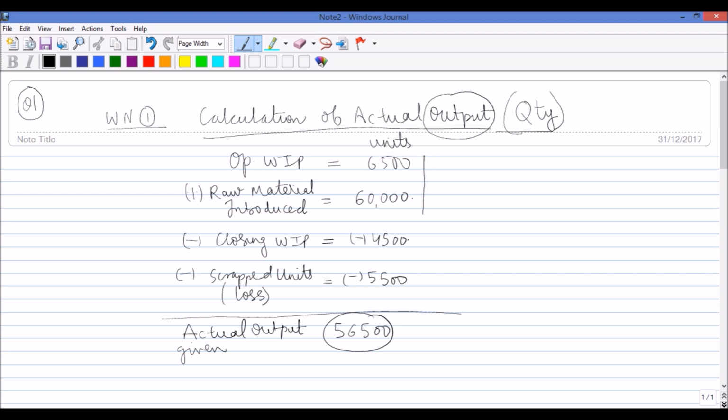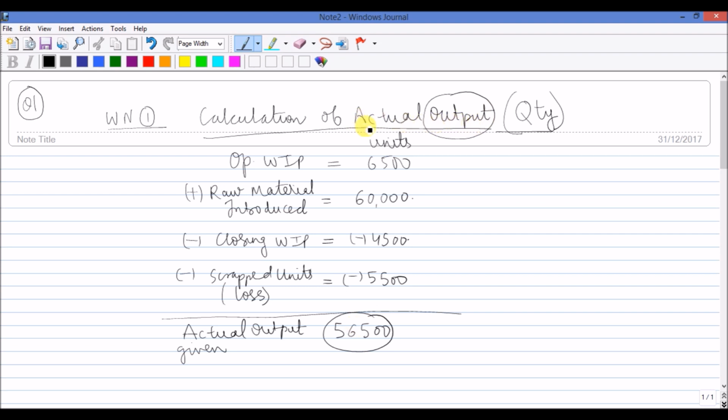We are going to do the calculations, and if the answer comes to 56,500, then it would be the actual output. Otherwise I will change it. 6,500 plus 60,000 minus 4,500 minus 5,500, and it is 56,500. Yes, this time the question is right. So we have an actual output of 56,500 units.